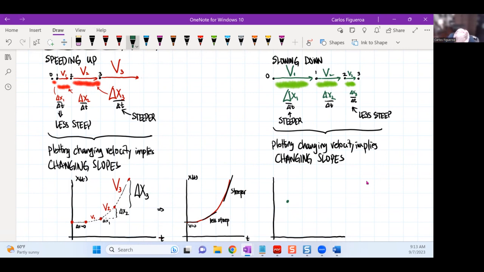So when I look at this thing, what I'm seeing here is that this guy right here is looking like this. So you can see that this point right here is my point 1. And if I look at this guy right here, that is a big distance delta x1, which then means that I have a steep slope right there.